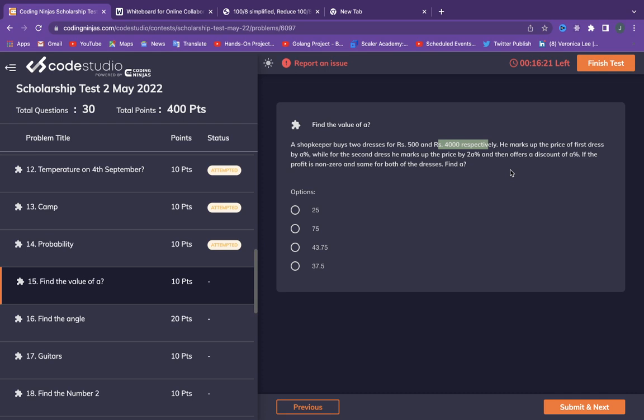Offers a discount of 8%. So if the profit is non-zero, find A. What is this?